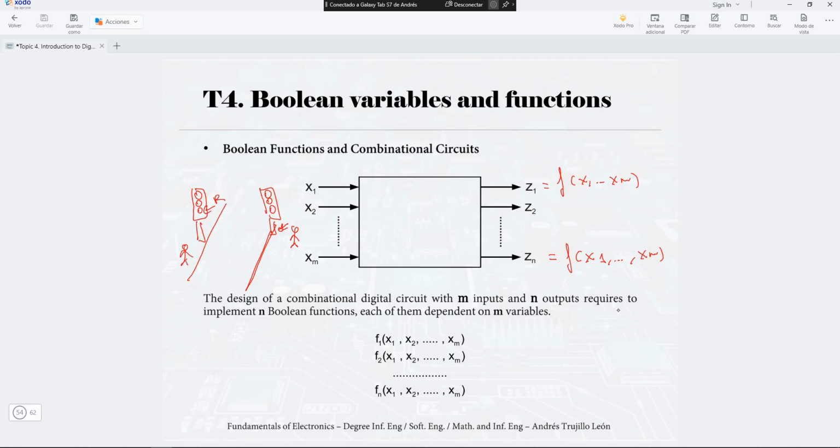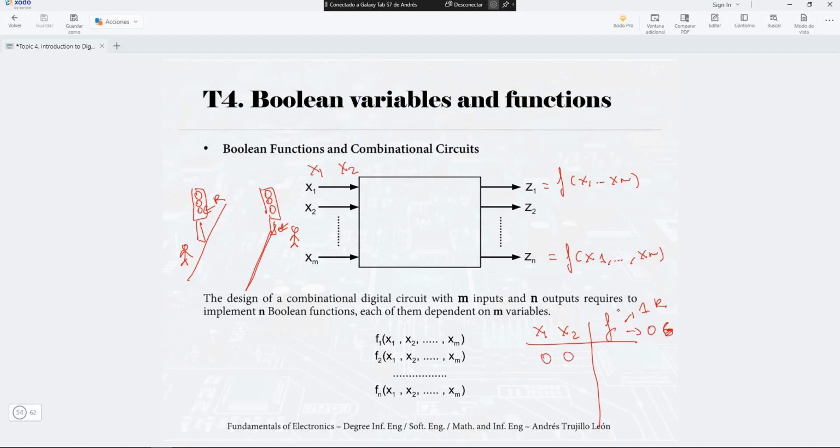So maybe one button can be X1 and the other button can be X2. I'm just inventing this function, okay? Just using a real life example. So F is going to be the activation of the red light. If it's 1, the red light is activated. If it's 0, the green is activated and the cars can continue passing.